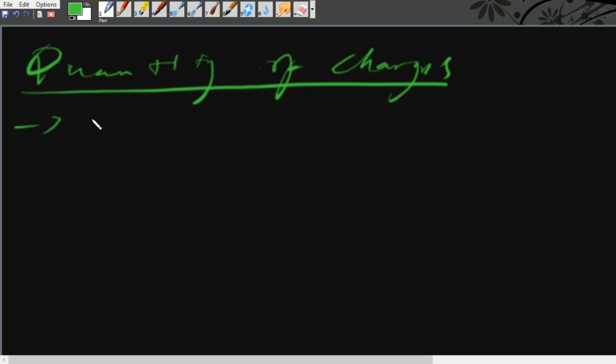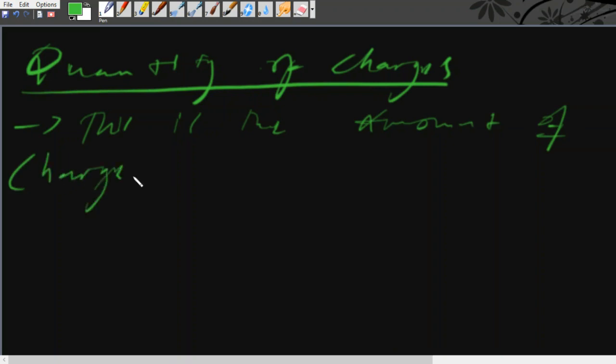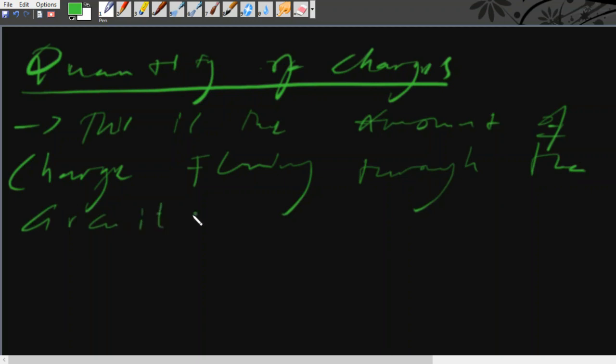So quantity of charge is the amount of charge flowing through the circuit.